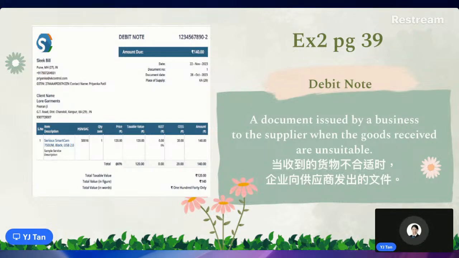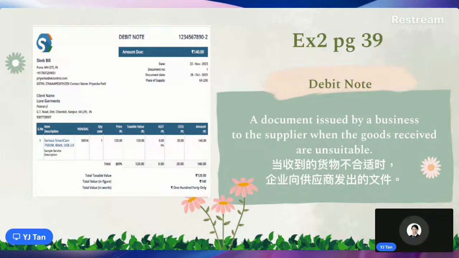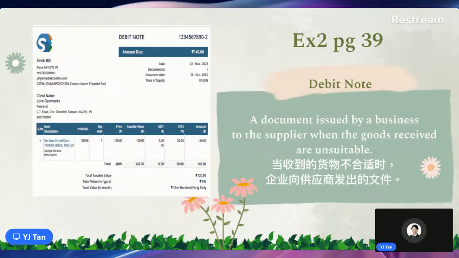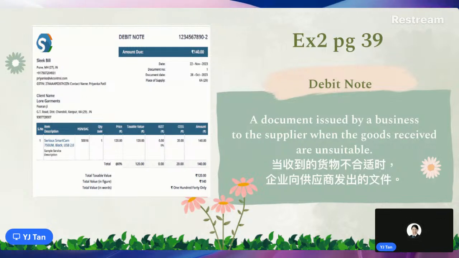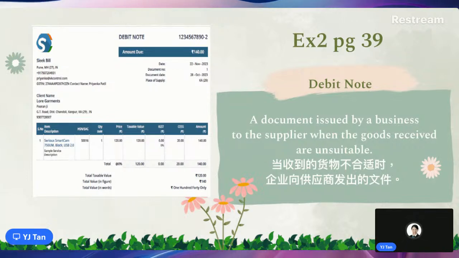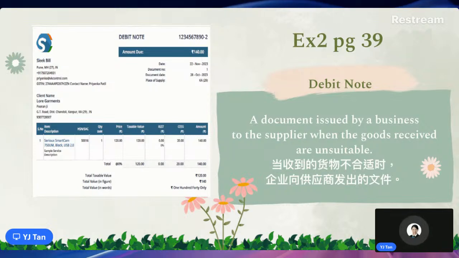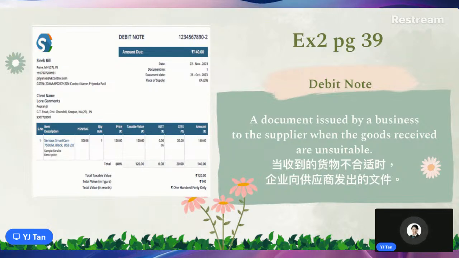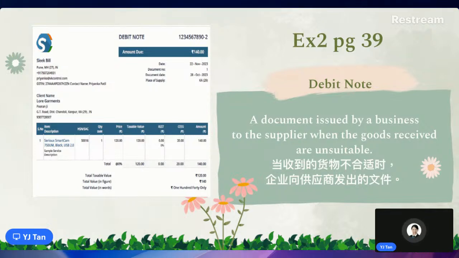Let's go to the next document that we want to talk about, which is the debit note. A document issued by a business to a supplier when the goods received are unsuitable. Just to let you know, a debit note may not only be because the goods are unsuitable. Maybe the wrong product was delivered, or the customer is not satisfied, or the customer realized that the invoice amount is overpriced compared to the agreed price.